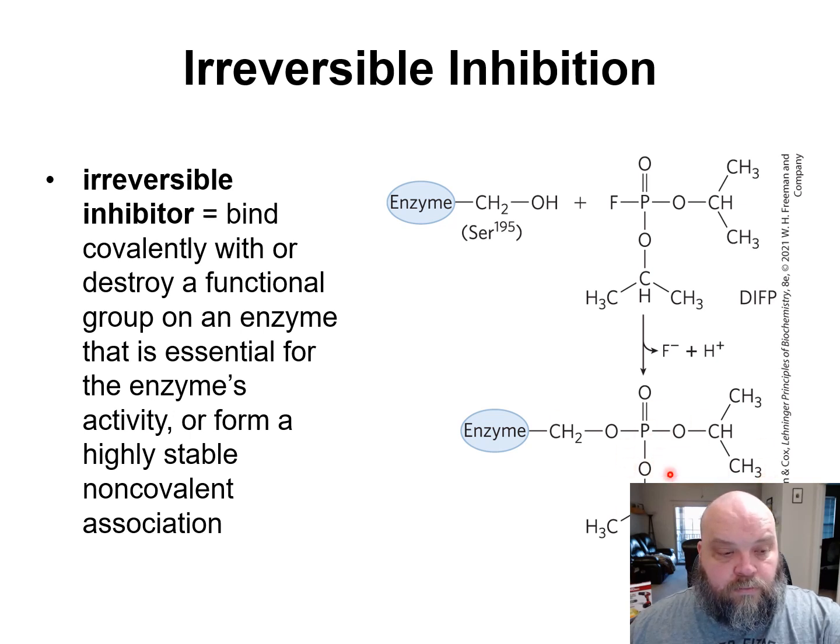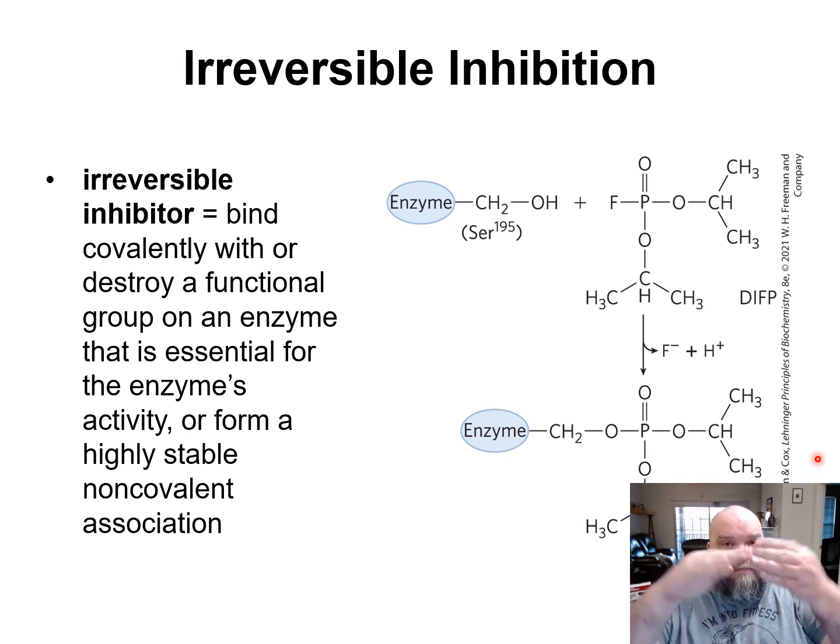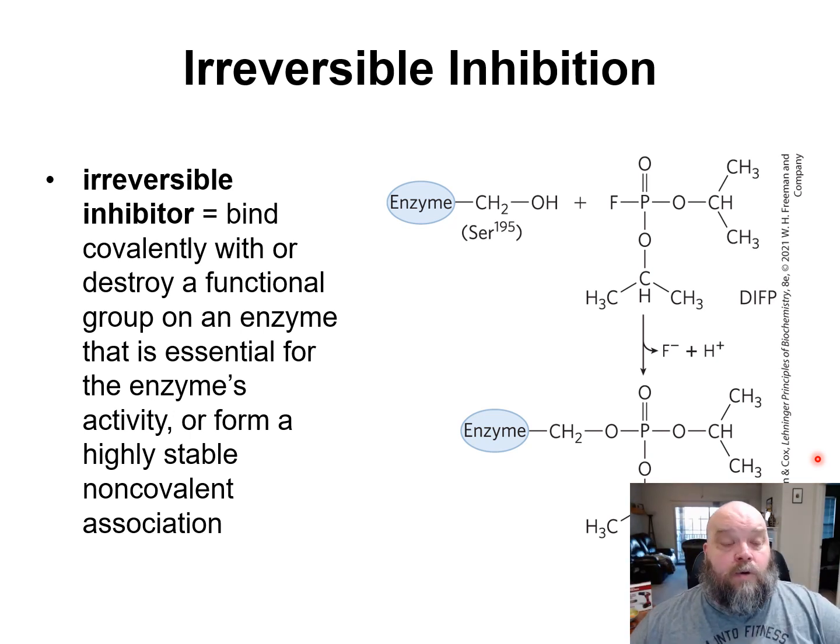This now will not interact with any substrate. This may actually make the active site more acidic, or it may make it so that the substrate can't position correctly to interact with other R groups.